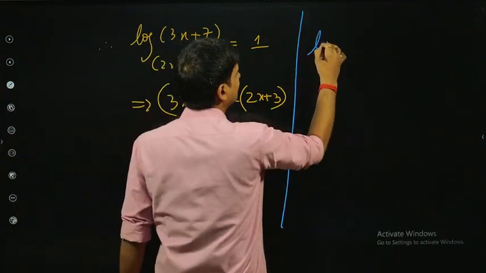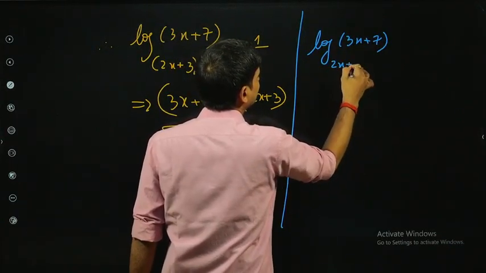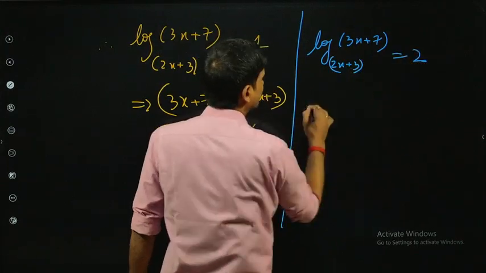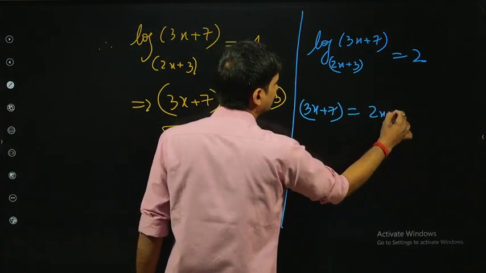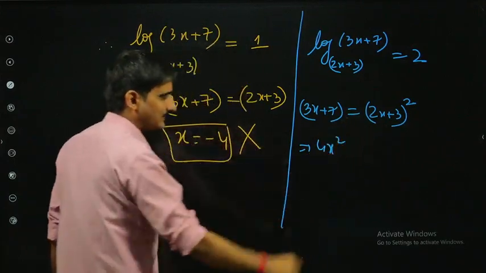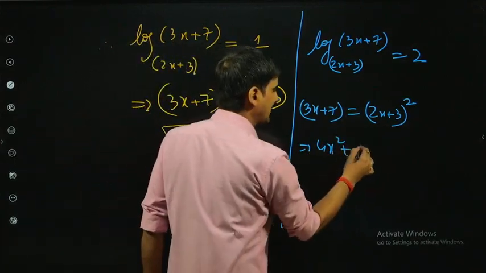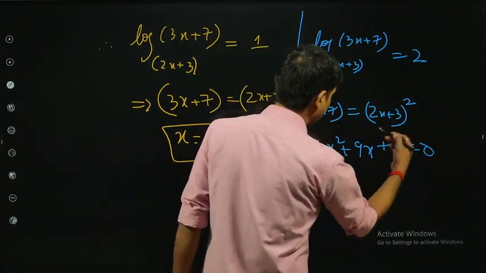Now we will say the second possibility is log of 3x + 7 to the base 2x + 3 is equal to 2. So that means 3x + 7 is equal to (2x + 3) whole square. So if we solve it, 4x² + 12x + 9 - 3x - 7 gives 4x² + 9x + 2 equal to 0.